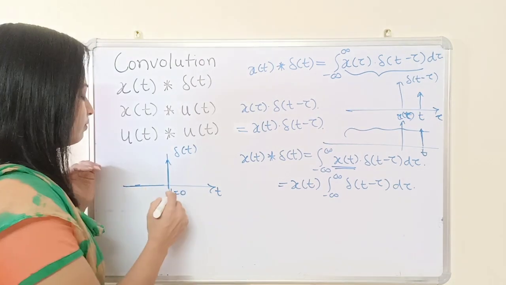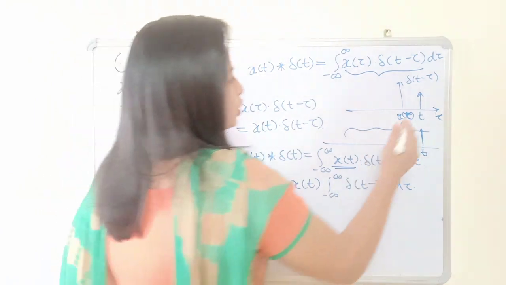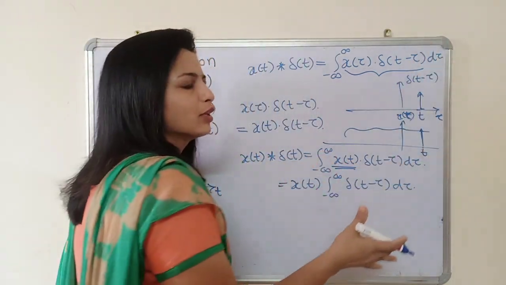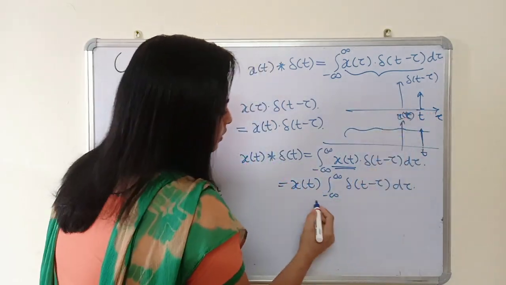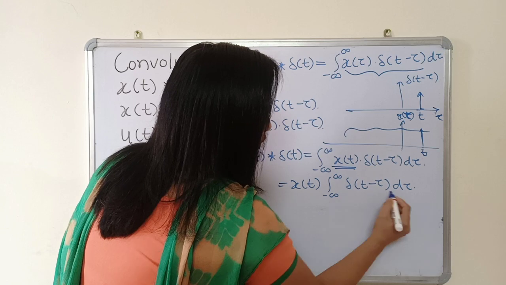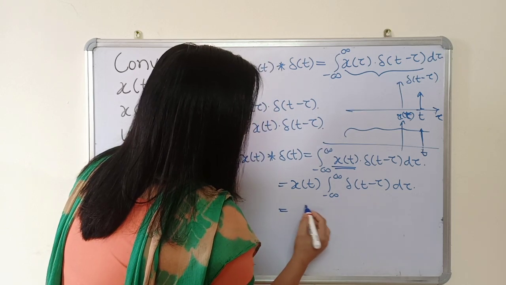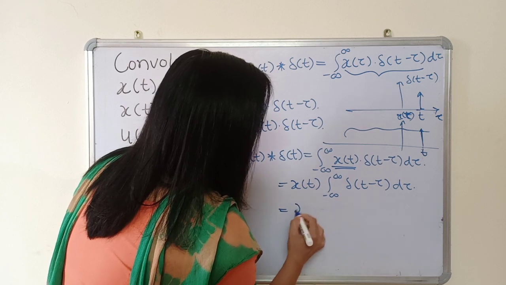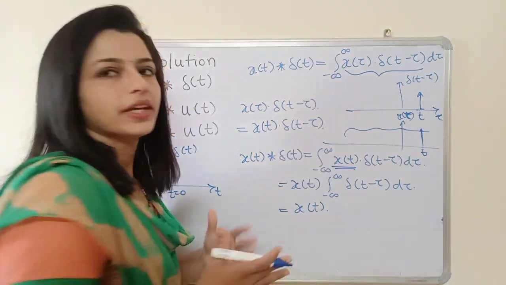The impulse always has area 1, so if it is shifted, its area is the same. So this integration value will be equal to 1. This area 1 is multiplied with x of t, so the answer comes out to be x of t.